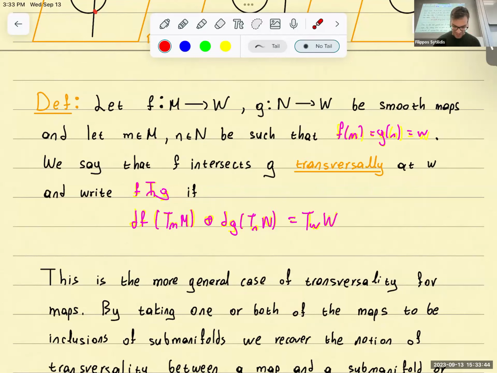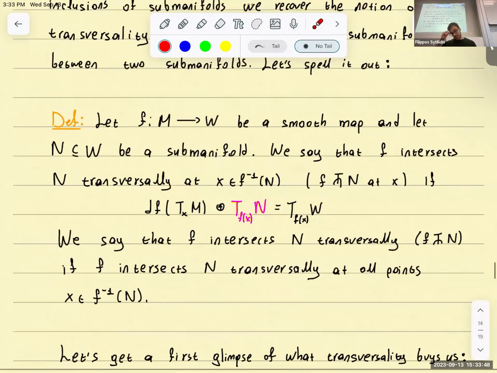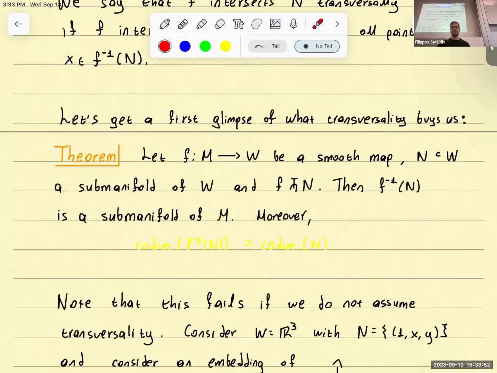Okay. Anyway, I guess one of the things that transversality buys us is that if you have a map which is transverse to a submanifold of W, then looking at the preimage of that submanifold actually defines a submanifold of M. And more is true.